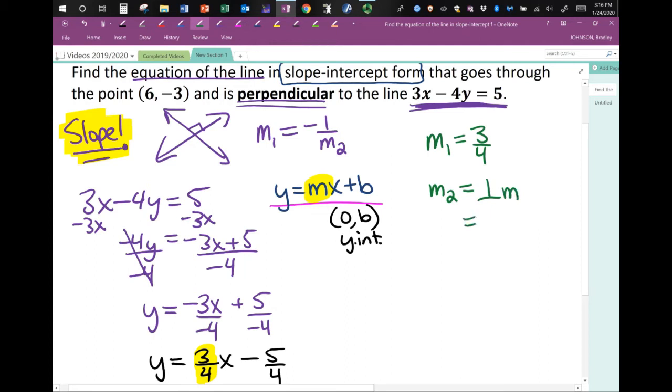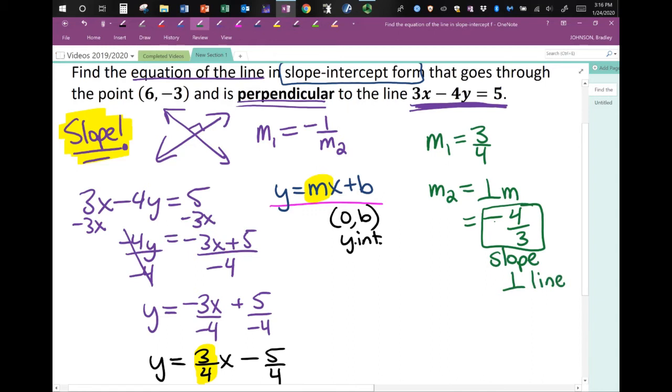You have to take the negative reciprocal. You flip it. So instead of 3/4, we have 4/3. And then you negate it, negative reciprocal. I will be using this as the slope of the perpendicular line. That is what we want to make.